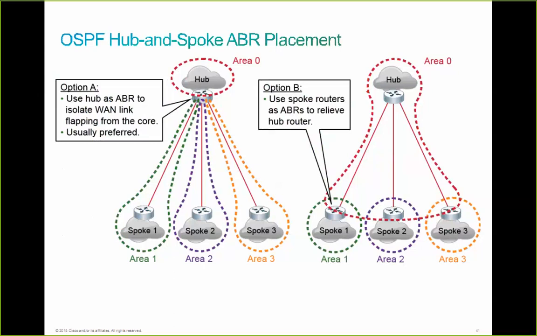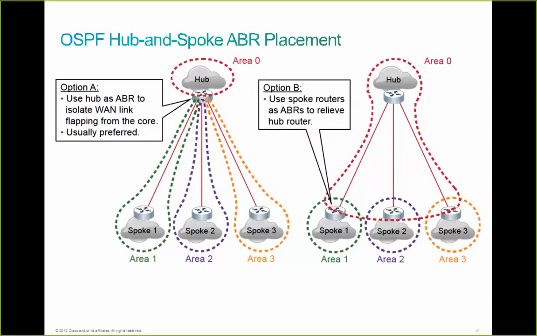So the backbone, obviously in OSPF, is very, very important. Typical design approach: keep area 0 small. We want area 0 to be small and stable. We don't want changes in area 0 constantly. So to prevent WAN link flapping from affecting the core stability, we would typically use a hub router as the ABR between the core, which is area 0, and our spoke areas.